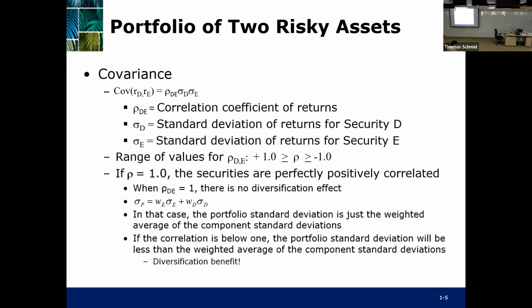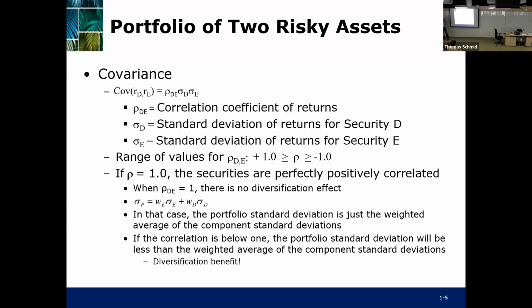Good. Covariance, again, is the standard deviation of the first asset times the standard deviation of the second asset times the correlation coefficient between the first and the second asset. Generally speaking, if we talk about co-movements, it's often easier to talk about correlations compared to covariance.